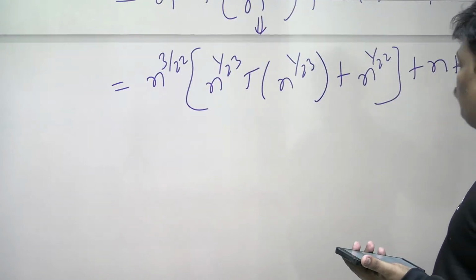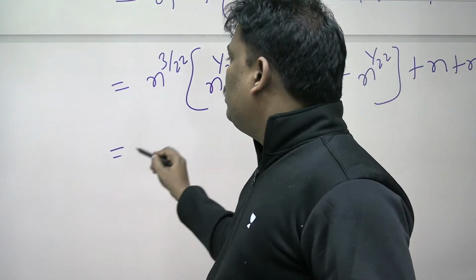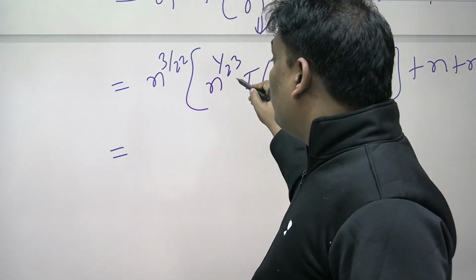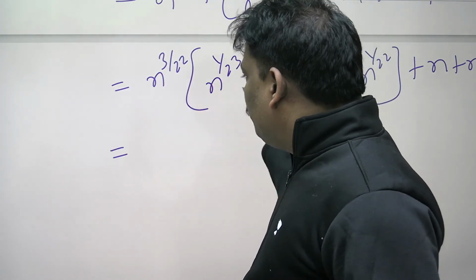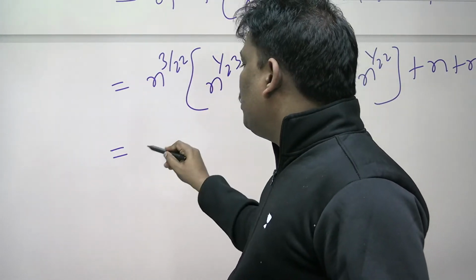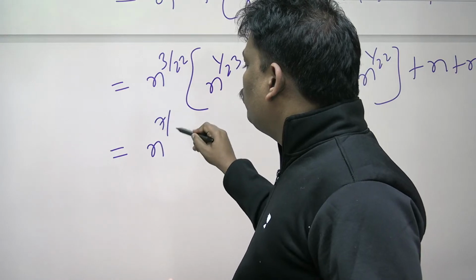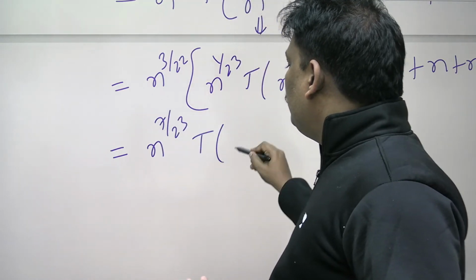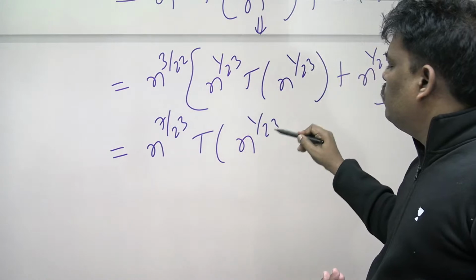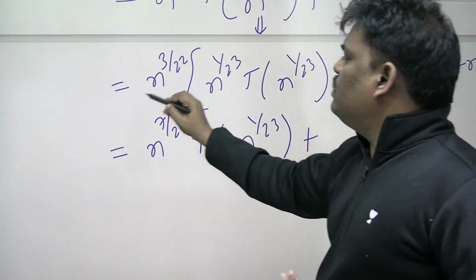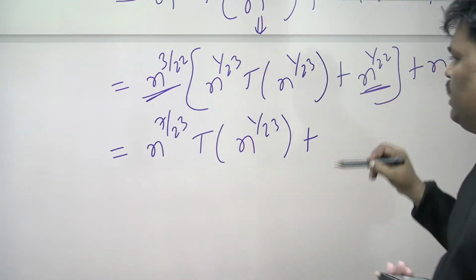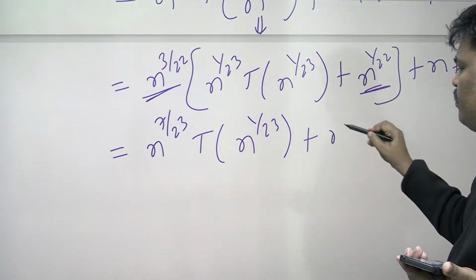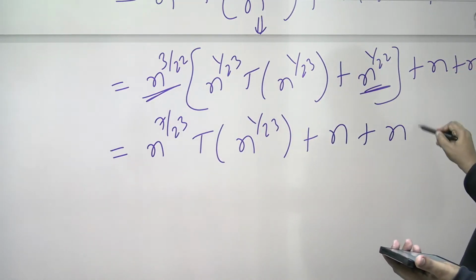If you simplify properly, n power 3 by 2 square into n power 1 by 2 cube. Multiplying means adding powers. It becomes n power 7 by 2 cube, T n power 1 by 2 cube. If you multiply this one and this one, powers you add, it becomes n. Outside 2 n's are there as it is.